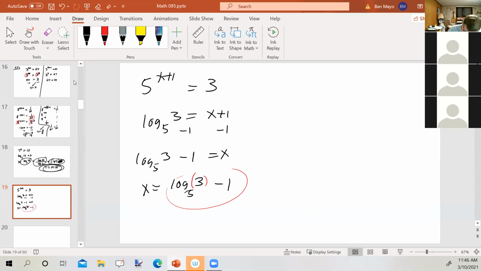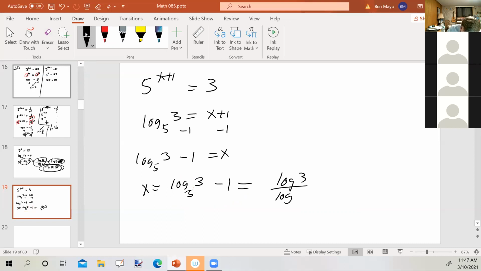Now, come on, eraser. Using the change of base formula, this becomes log of 3 divided by log of 5, and then minus 1.